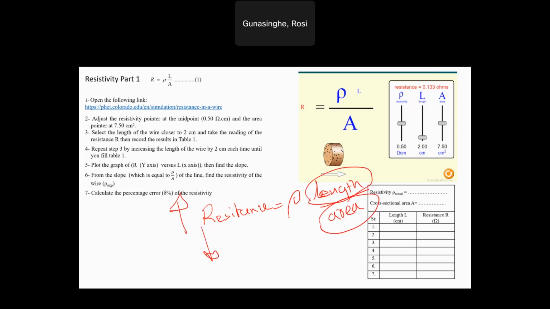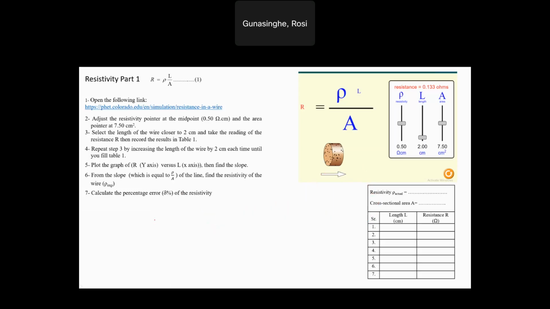That is the relationship. So in our first part, R stands for resistance, rho stands for resistivity, L stands for length, A stands for area. We are going to keep resistivity at 0.50 ohms per meter, and area we are going to fix closer to 7.50.